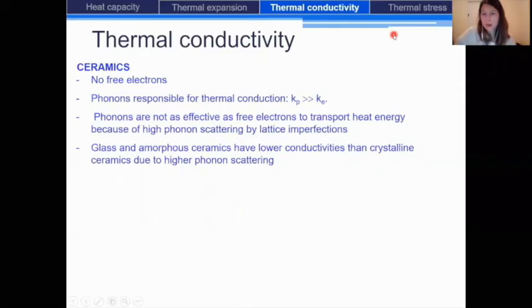So now in ceramics, there are no free electrons, so the thermal conductivity is due to phonons. Phonons are responsible for thermal conduction.